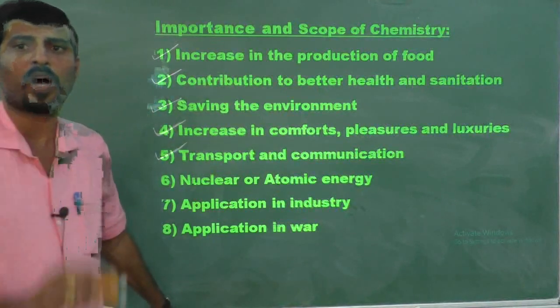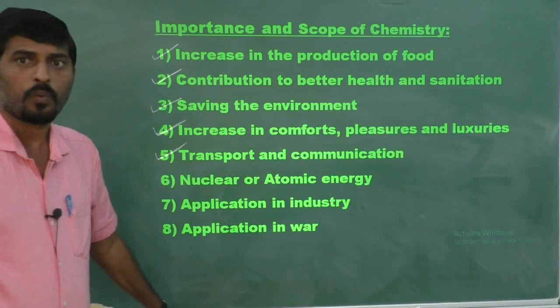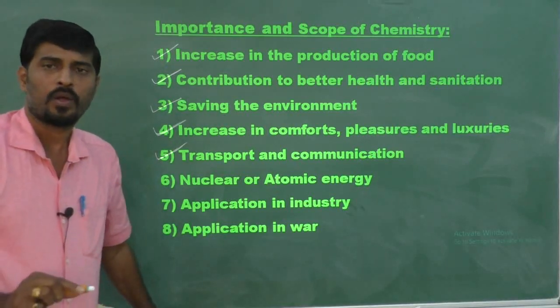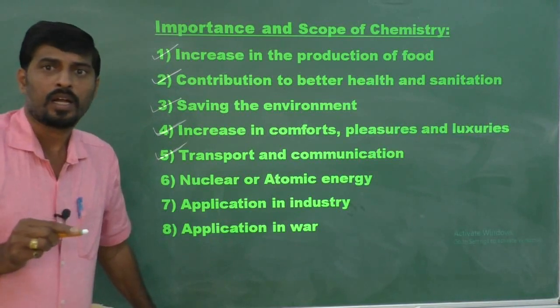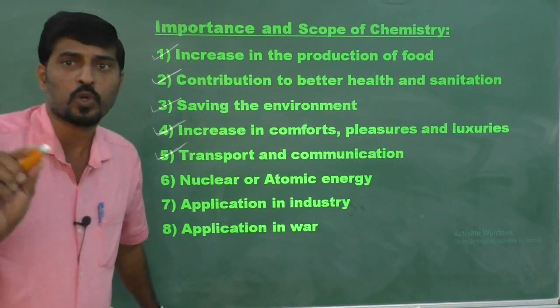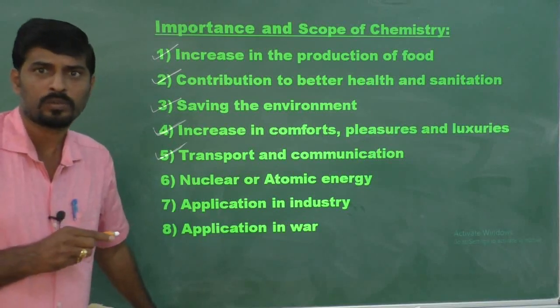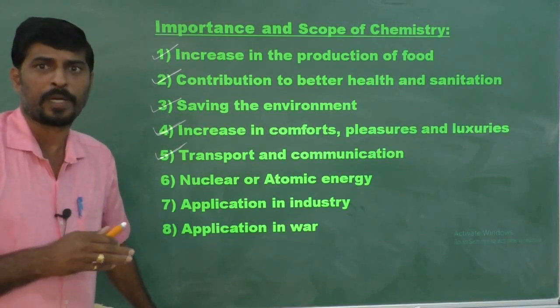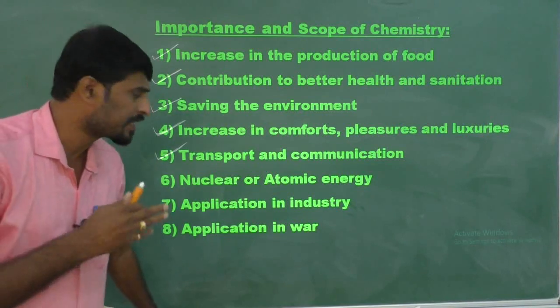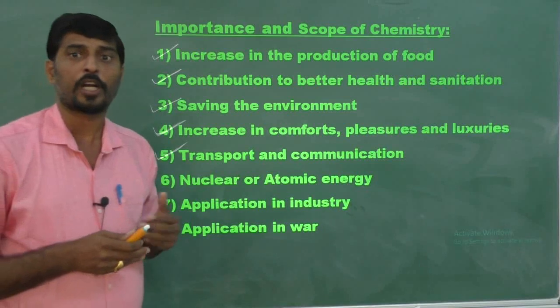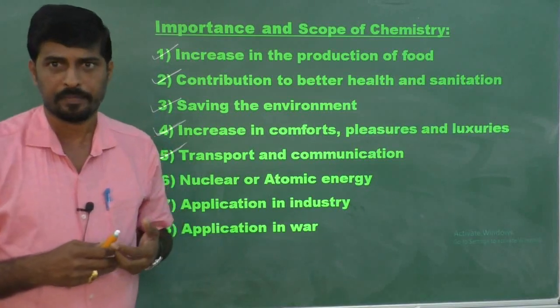In the entire world, we are facing an energy crisis because we are using non-renewable sources, that is fossil fuels like charcoal, petrol or diesel, etc. These are petroleum products used to generate electricity.